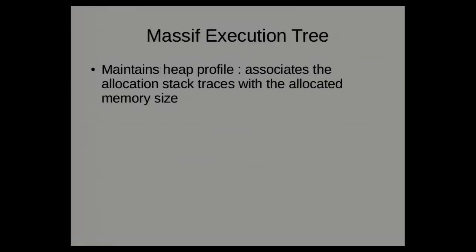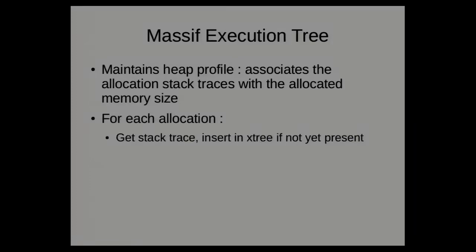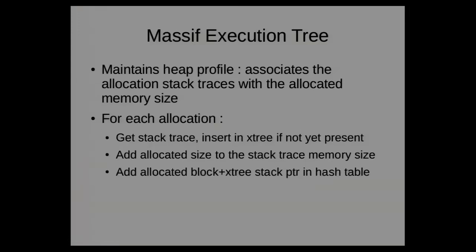So massif execution tree, quick reminder: it maintains a heap profile, and this heap profile associates the allocation stack trace with the allocated memory size. So for each allocation, what does massif do? It has to get the stack trace and insert it in the XTree if this stack trace is not yet present, and then it has to add the newly allocated size to the stack trace memory size.